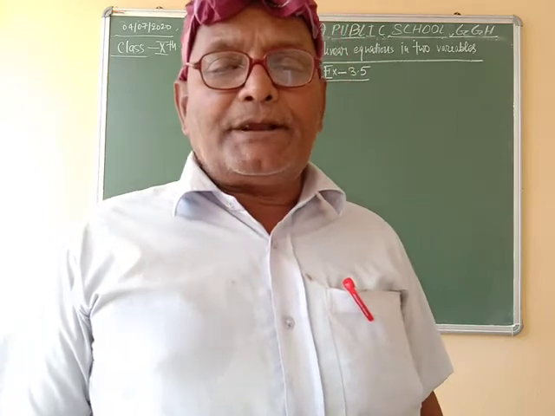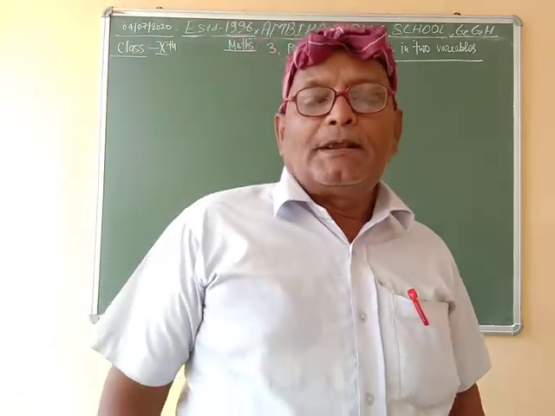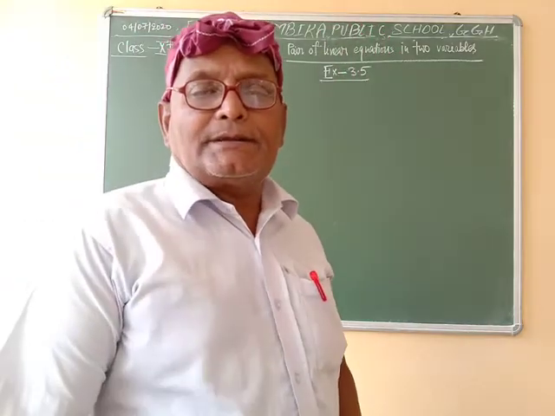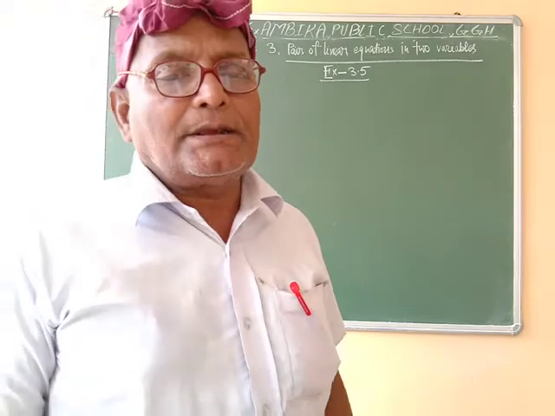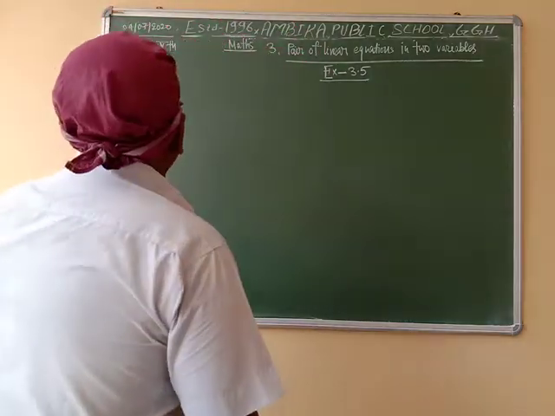Find the fixed charge and the cost of food per day. Here let us suppose that the fixed charge be rupees X and the cost of food per day be rupees Y. Question number 4.